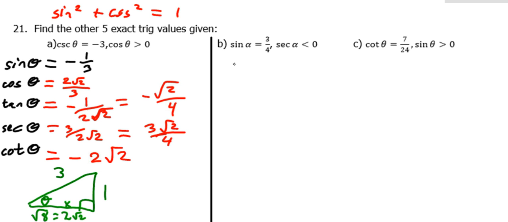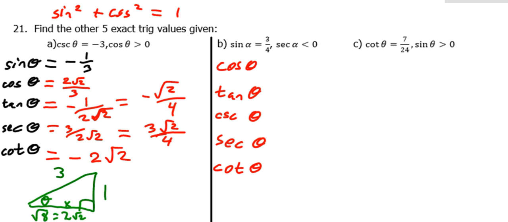For B, we know sine, so we need cosine, tangent, cosecant, secant, and cotangent. If we use sine squared plus cosine squared this time, that's 3 over 4 squared plus cosine squared equals 1.